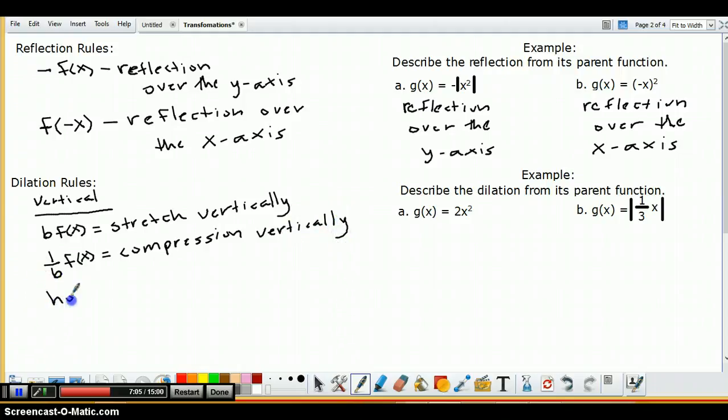All right, the horizontal switches it a little bit. The rules are very similar. However, like I said, it switches it. So what is a stretch vertically is actually a compression horizontally. So if I have f of bx, this is a compression horizontally.